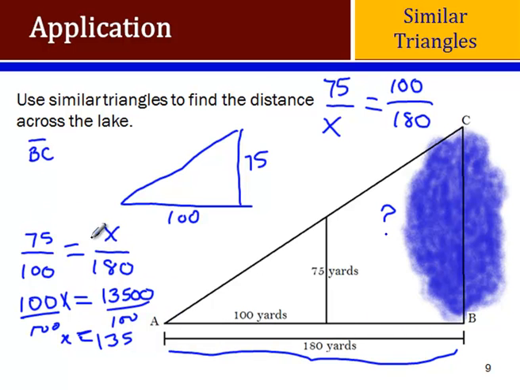Now look at these numbers. 75 and 180 get multiplied, 100 and x get multiplied. So you can see you get exactly the same thing. You get 100x is 13,500. That's why you can do the proportions in different ways, but you do have to be careful to make sure that you are using the right sides when you're setting up proportions.